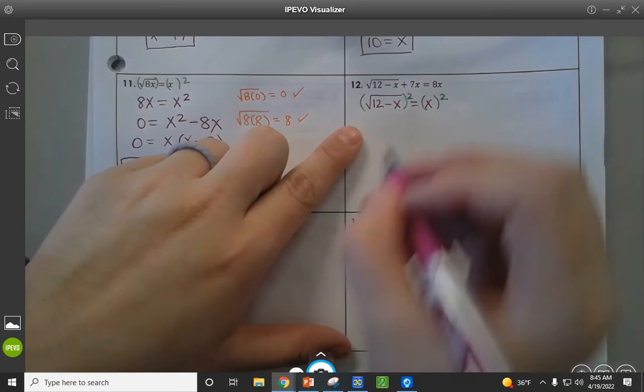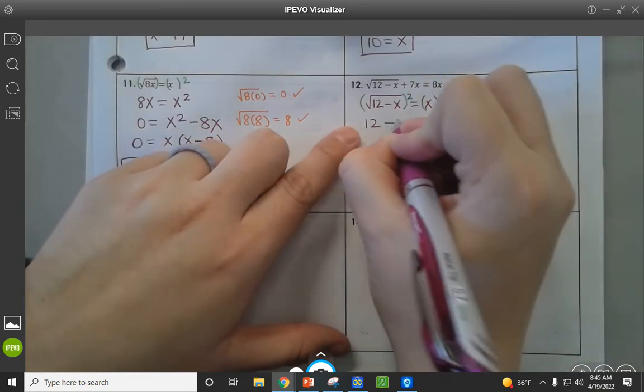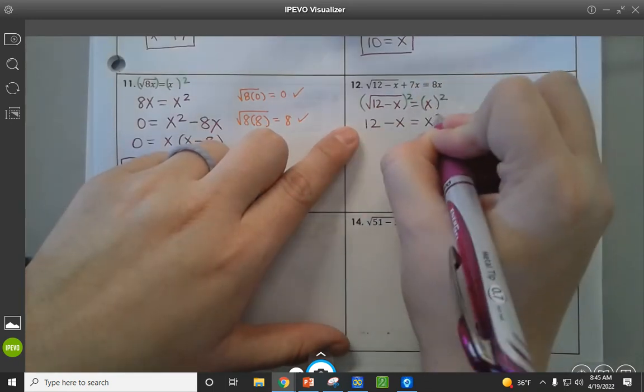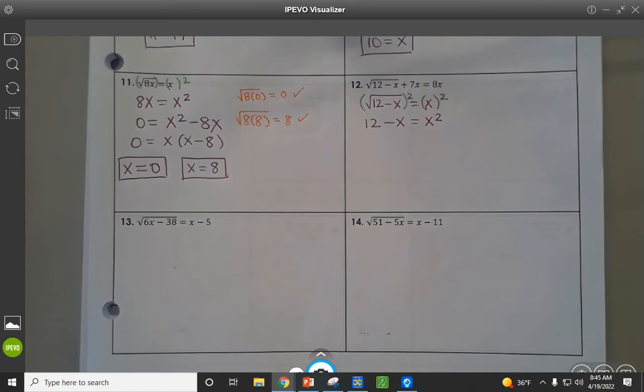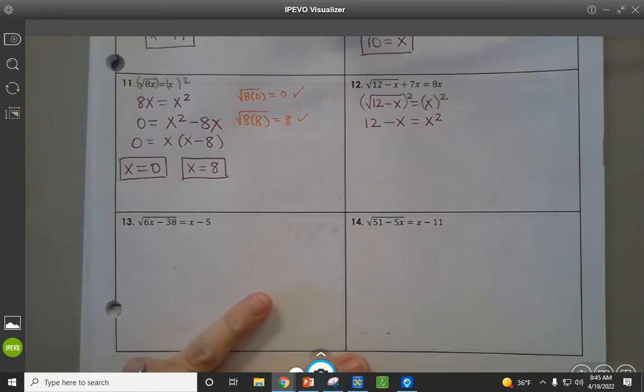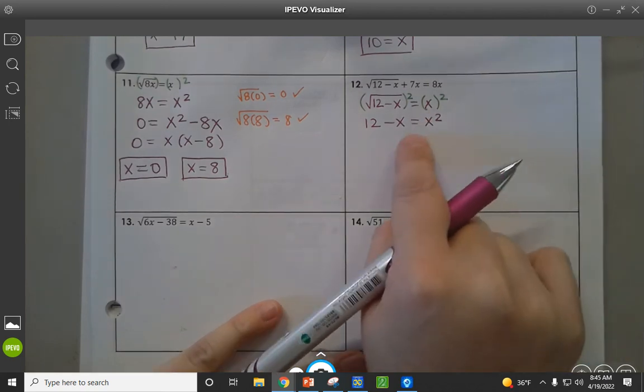Now we want to get everything over on the side with the x squared, so I'm going to add x to both sides, and I'm going to subtract 12. I'm just going to do that at the same time just to save some room. So this would be 0 equals x squared plus x minus 12.